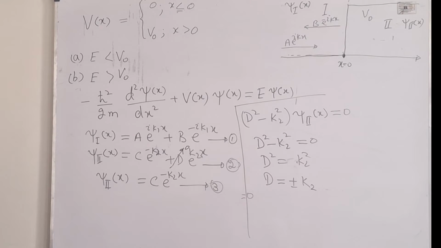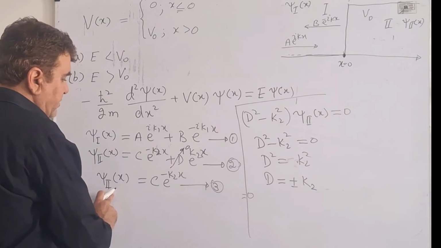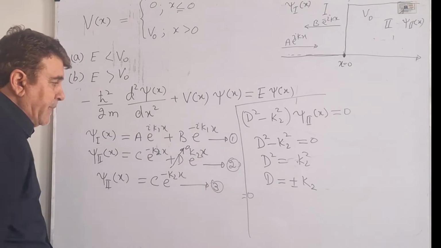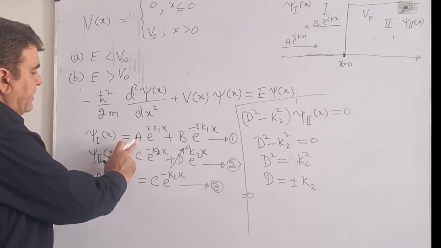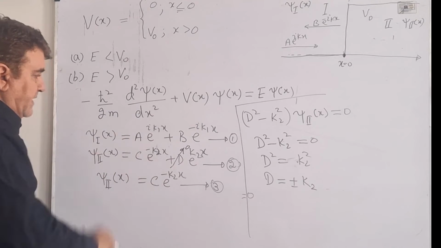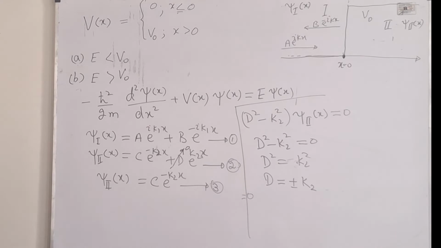Now we have the equations for the wave function in region 1, and the equation for the wave function in region 3. But there is still something to do, because we don't know exactly the values of A, B, and C. We want to use two very important conditions on a wave function, the continuity conditions.